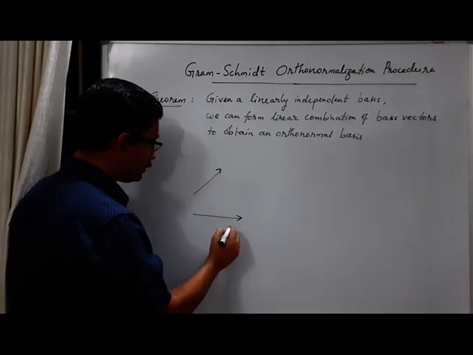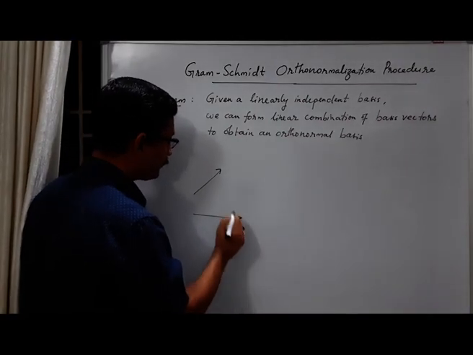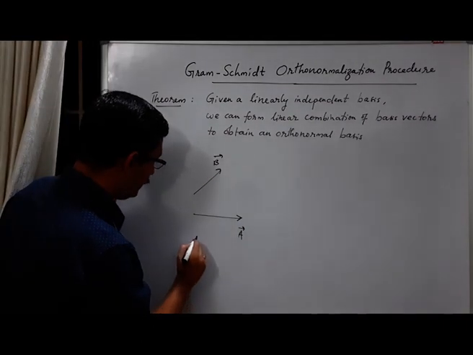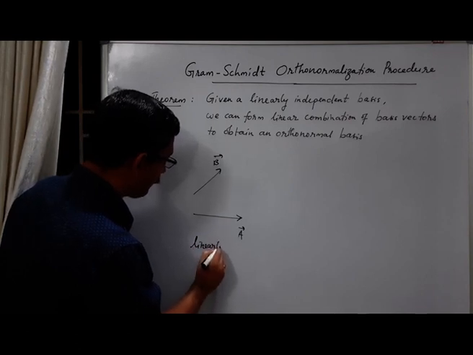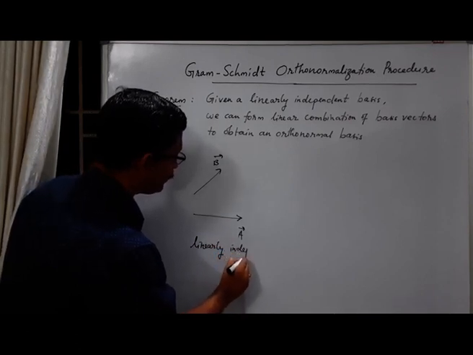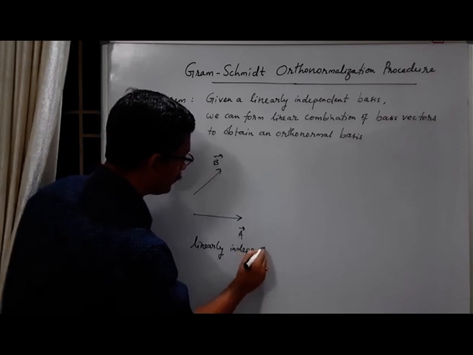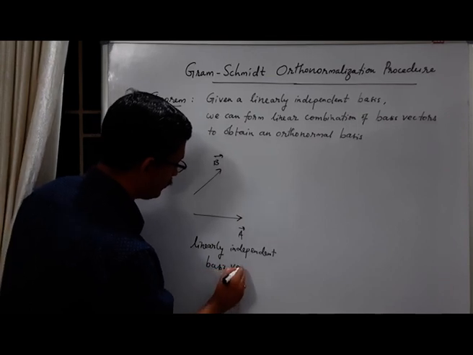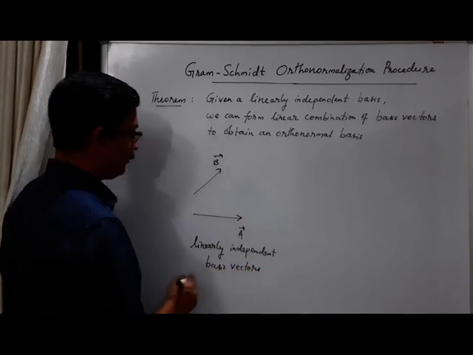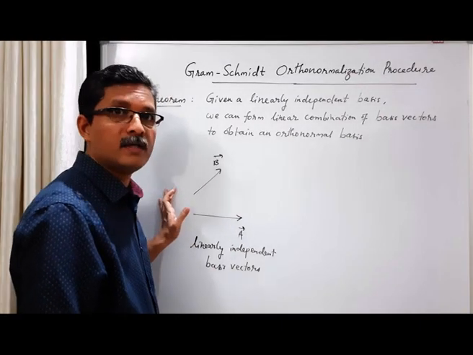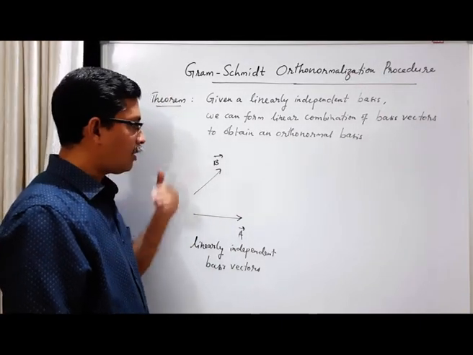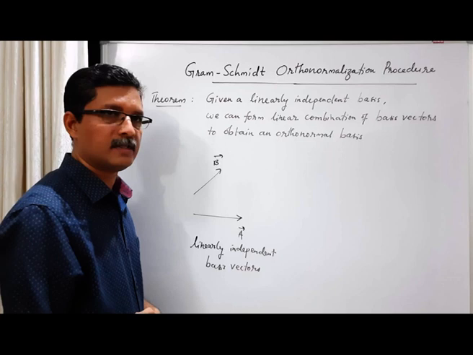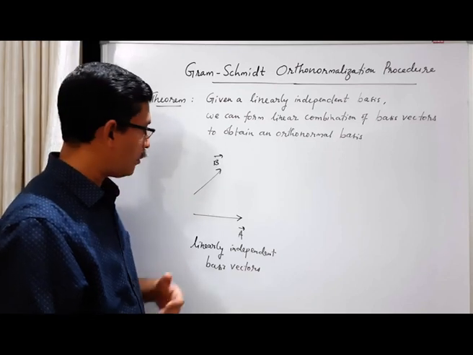I will call these vectors vector A and vector B. This is a linearly independent basis, but they are neither normalized nor orthogonal. So we want to construct an orthonormal set of vectors from this linearly independent set. That's what this theorem says. Let us see how we can do this.